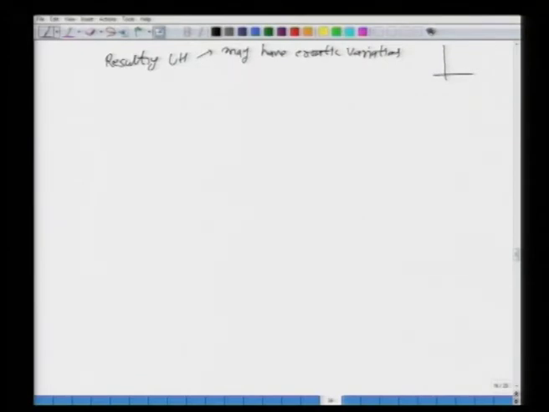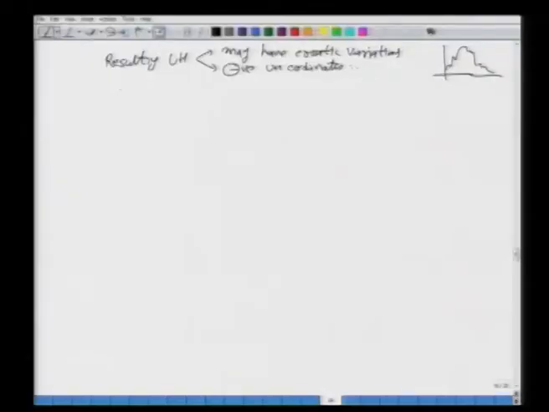Erratic variations means the unit hydrograph may look like this. Rather than a smooth curve, it may have undulations. The second one, which is actually not acceptable, is you may get negative UH ordinates, due to certain numerical and other problems.